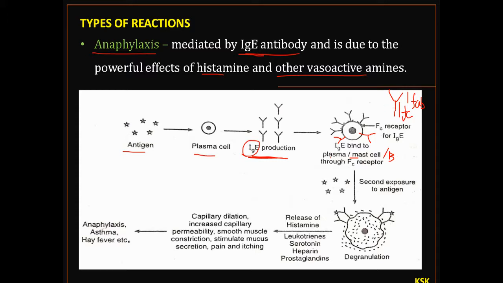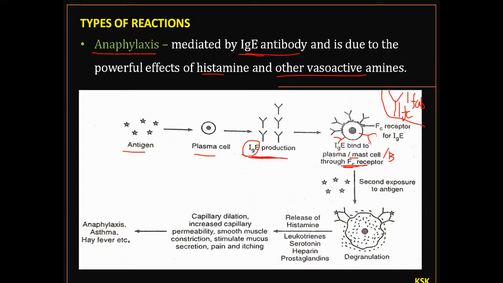The upper part of the antibody is FAB and the lower part is FC, the crystalline fragment. Therefore I can say that the antibody attaches to the mast cell or basophil cell with the FC receptor, that is, the FC fragment attaches to the mast cell or basophil cell. Therefore the antigen binding site is free now.